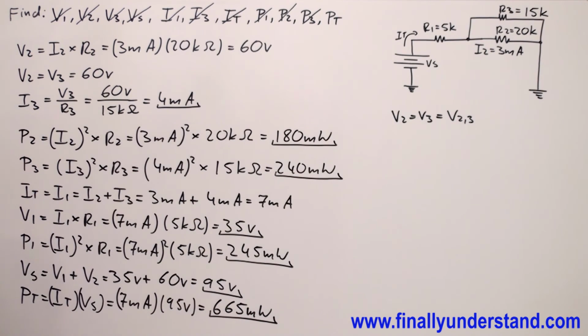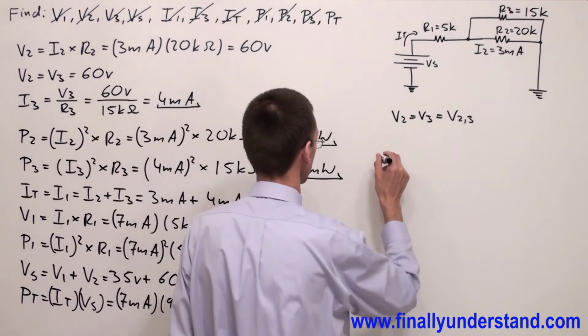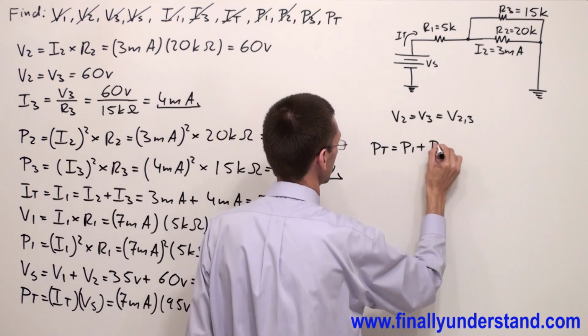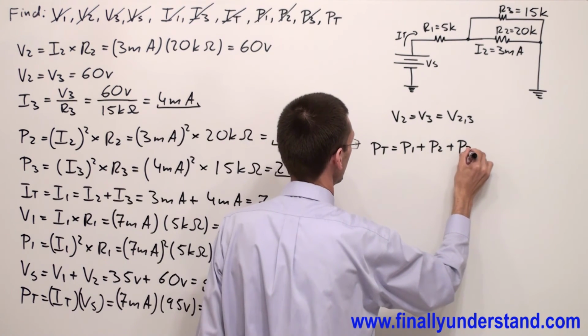Okay? If you want to verify your answer, you're supposed to add all powers together. So P total is equal to P1 plus P2 plus P3.